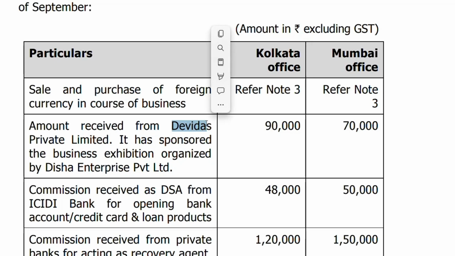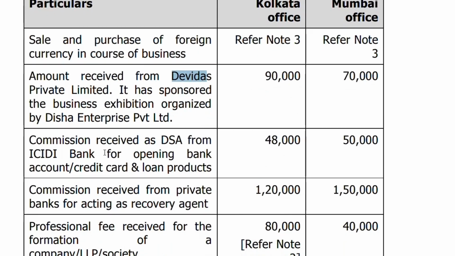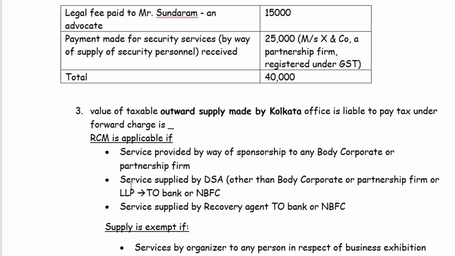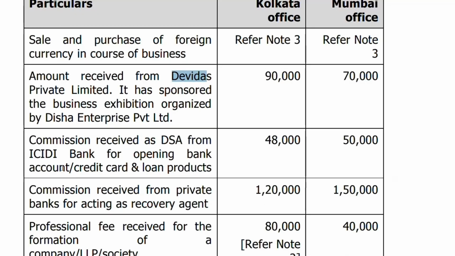Come to the next point, that is commission received as DSA from ICIDI Bank for opening bank account or credit card and loan products. In the same chapter, we studied that the service supplied by a DSA, which is other than body corporate or partnership firm or LLP, to a bank or NBFC, then RCM is applicable. Here, who is providing service?